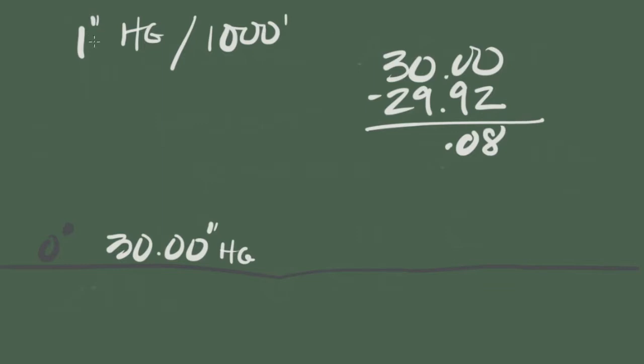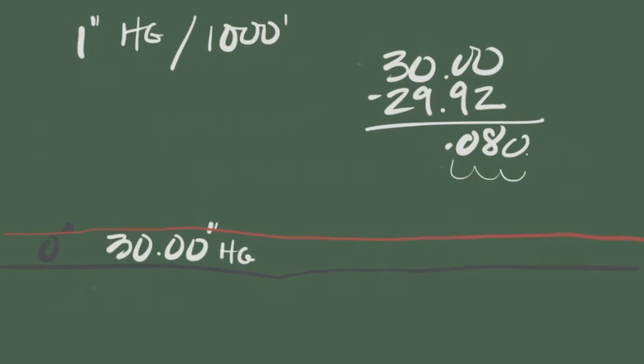And remember, the lapse rate is 1 inch of mercury for every 1,000 feet. Okay, so to figure out how many feet difference this is, you're going to move that decimal over 3 spots, and it's 80 feet. Okay, so that means that 80 feet above sea level on this particular day, that's where standard pressure is. So we're going to draw that in red, okay? Standard pressure is here today.